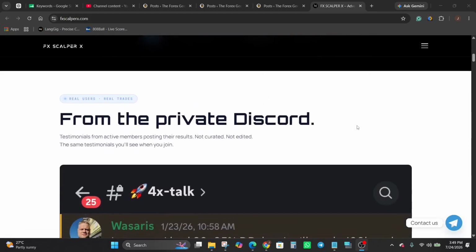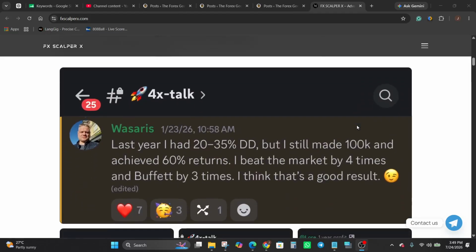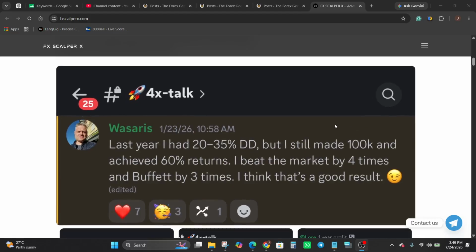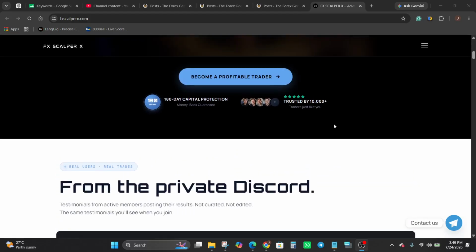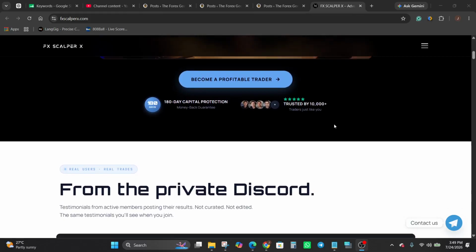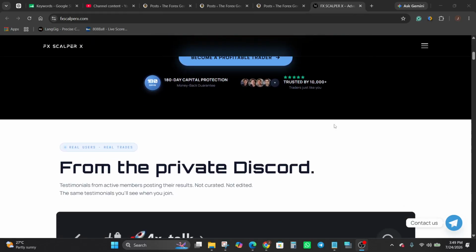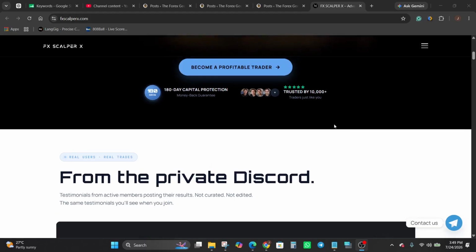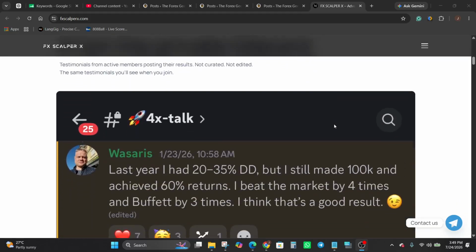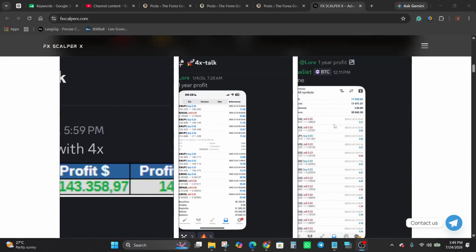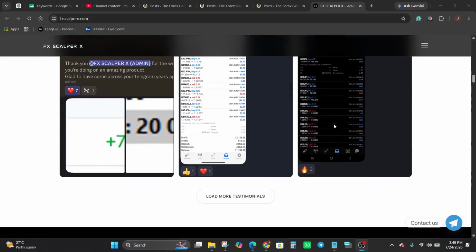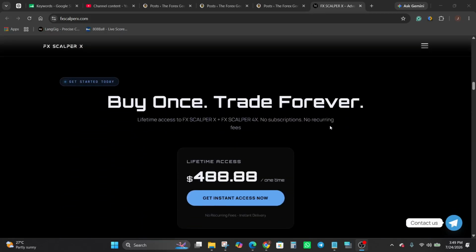Now, here is something important to flag right away because it affects how you should read everything that follows. This product is sold as a bundle, FX Scalper X and a second algorithm called FX Scalper 4X together, for a single lifetime price.